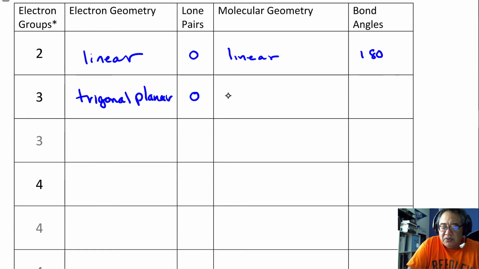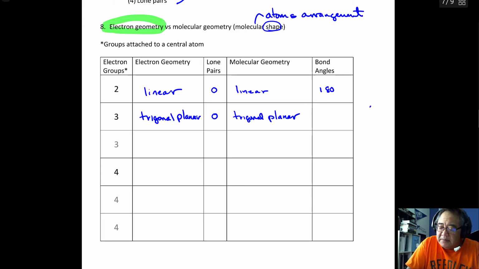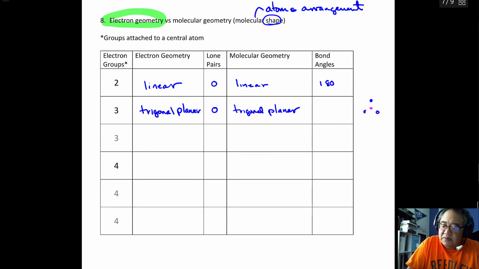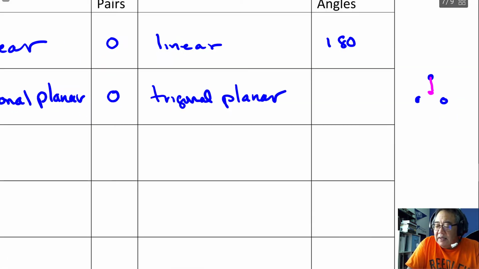So this would also be trigonal planar. Now, if you have three atoms like this on a central atom like this, right? Let me blow this up so we can see it a little clearer. And you think about bonds like this angle, that's 120 degrees, like that.